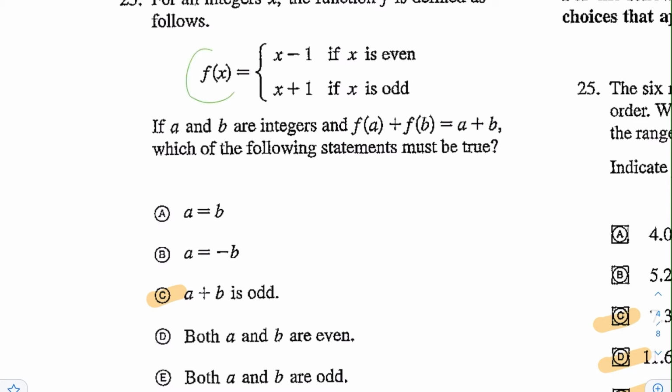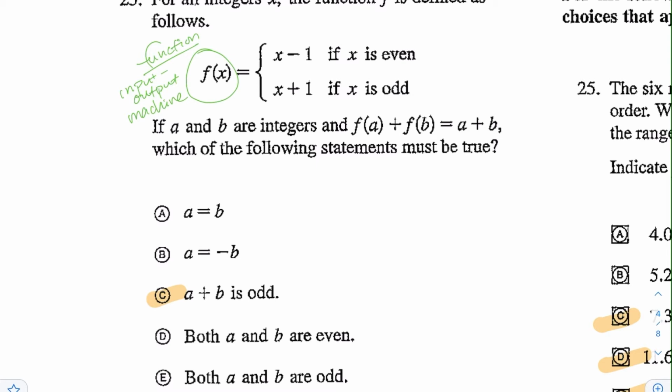So this is your function, and a function is just an input-output machine. So all you have to do is just substitute in and just follow the rules here. So a and b are integers, and you're given that f of a plus f of b is the same thing as just a plus b.